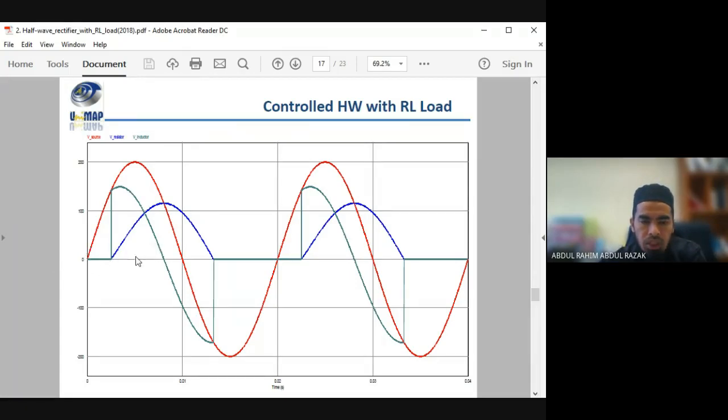So actually, this is the curve of your load. This is the voltage at the resistor, because the inductor is a storage element, so we measure from the resistor's point of view. We see a voltage appear only at alpha, and it will reduce.